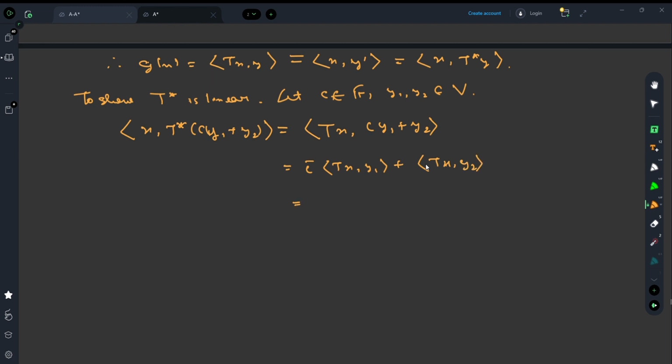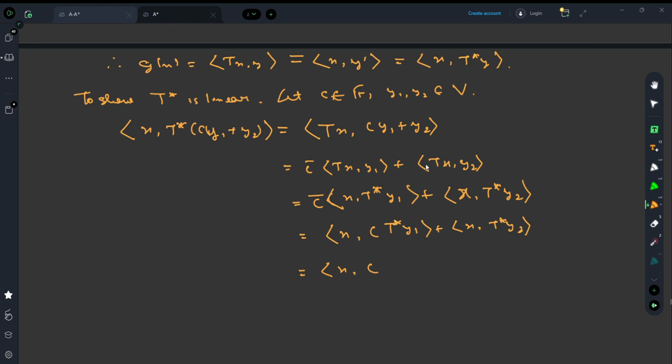Okay. But then it can be distributed as c bar times the inner product of T x with y1 plus the inner product of T x with y2. But then this can be written as c bar times the inner product of x with T star y1 plus the inner product of x with T star y2, the way we had constructed T star.